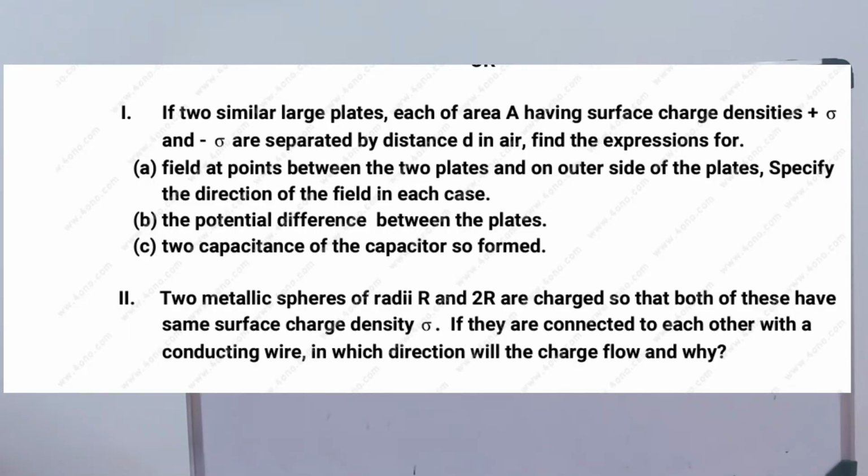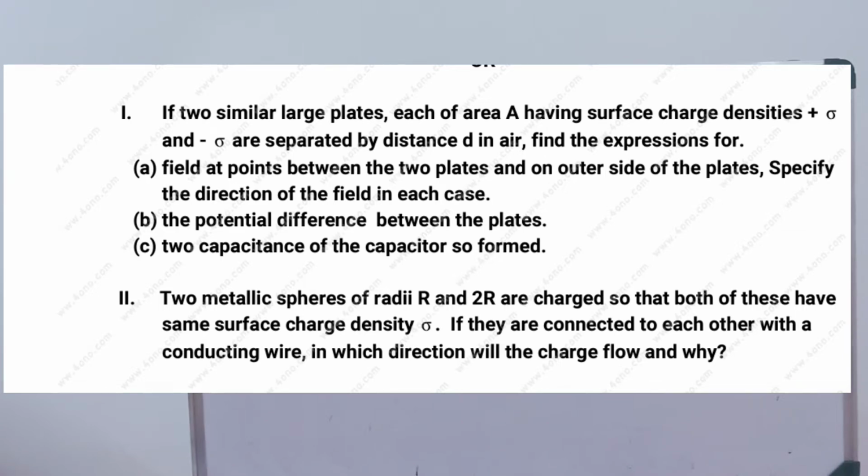The old question for this question: if two similar large plates, each of area A, having surface charge densities plus sigma and minus sigma, are separated by a distance d in air, find the expression for: first part, field at points between the two plates and on the outer side of the plates. Specify the direction of field in each case.